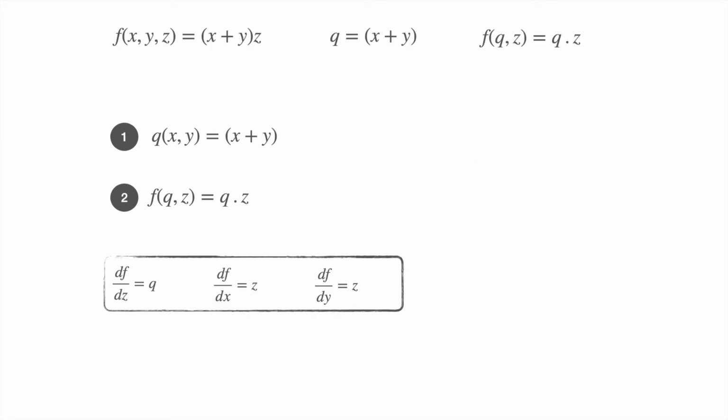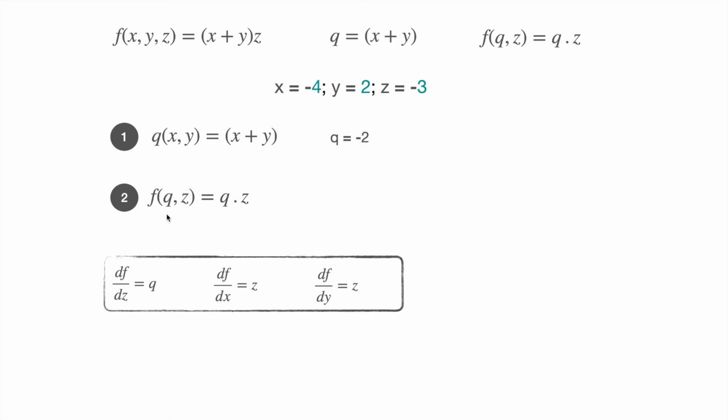Let's plug in some numbers into this. Let's take x as -4, y as 2 and z as -3. Now we know that first we perform the intermediate step, that is q of x comma y equals x plus y. So x plus y becomes -4 plus 2, which is -2.